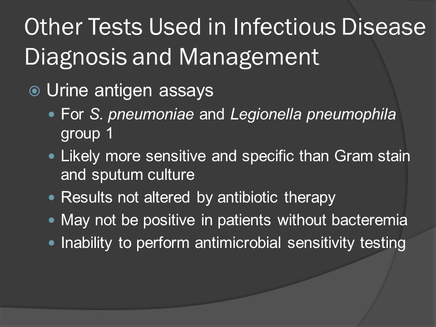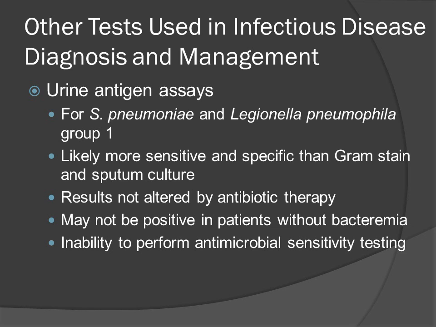Because sputum cultures aren't too great, other tests have been created to try to identify different pathogens that can cause pneumonia. We would look at urine antigen assays. There's one for strep pneumoniae and Legionella pneumophila group 1. They're likely more sensitive and specific than a gram stain and a sputum culture. And the results are not altered by antibiotic therapy because they're looking for an antigen.